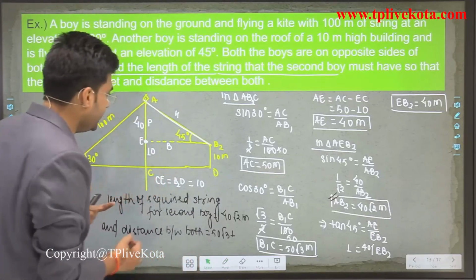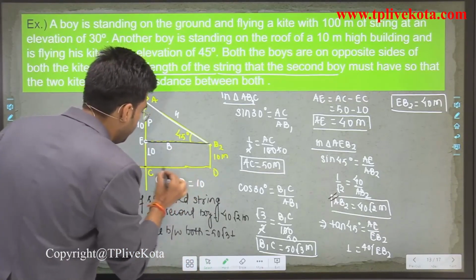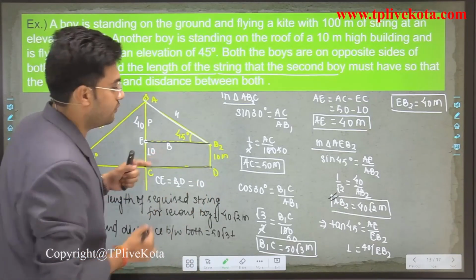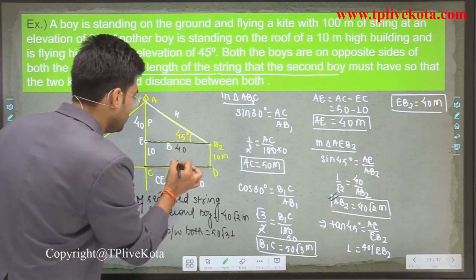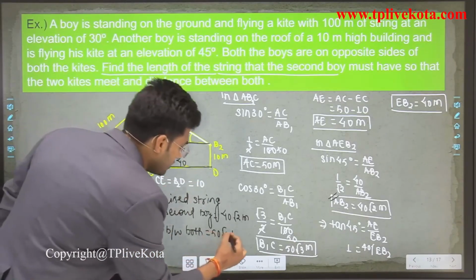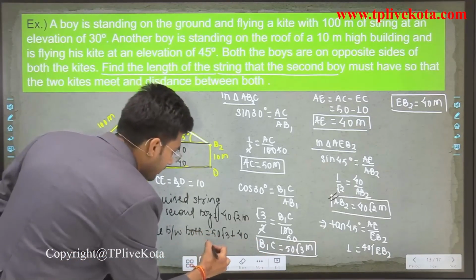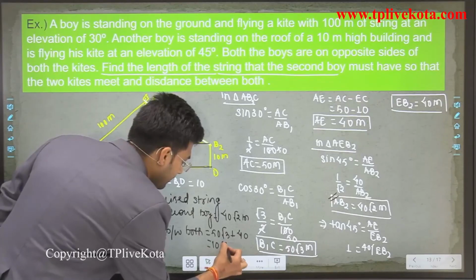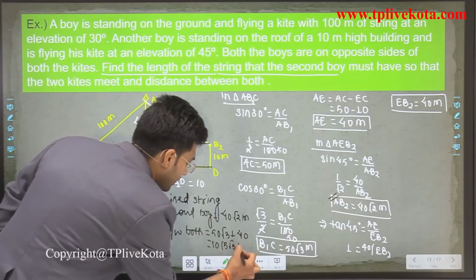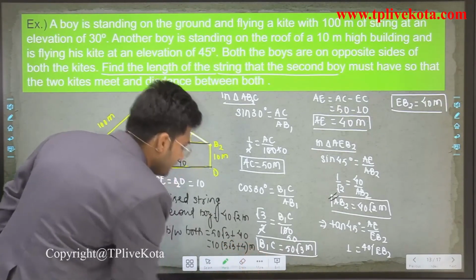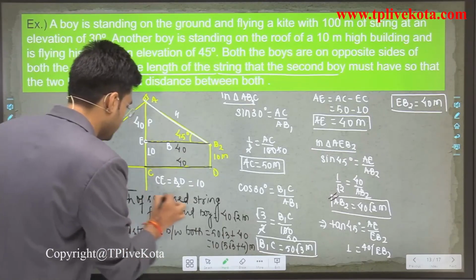This CD is equal to EB2. If EB2 is 40, then this is also 40. So it is 50 root 3 plus 40. And when we take 10 common, we get 10 times (5 root 3 plus 4) meter. So these are the answers for this question.